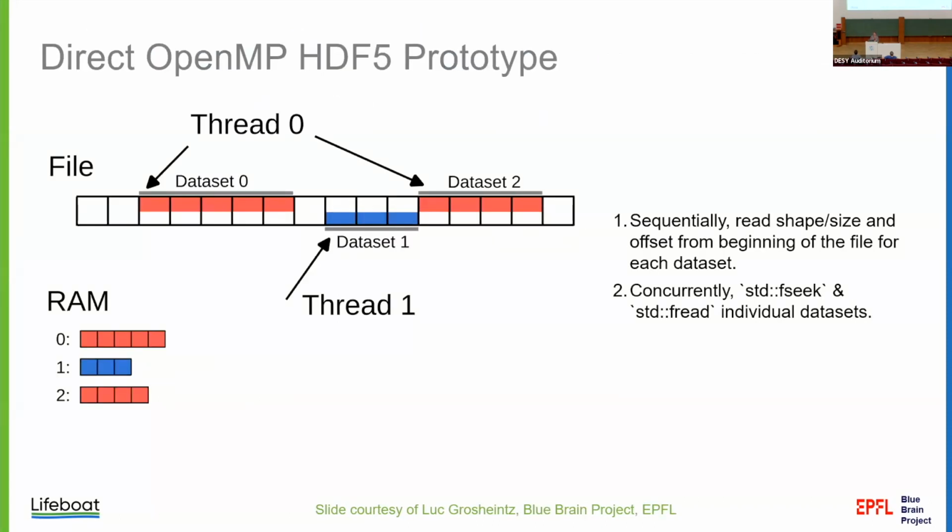So two different threaded solutions were implemented. In the first solution, the location of the data set raw data was found sequentially by the HDF5 library, and then each thread read from that location.